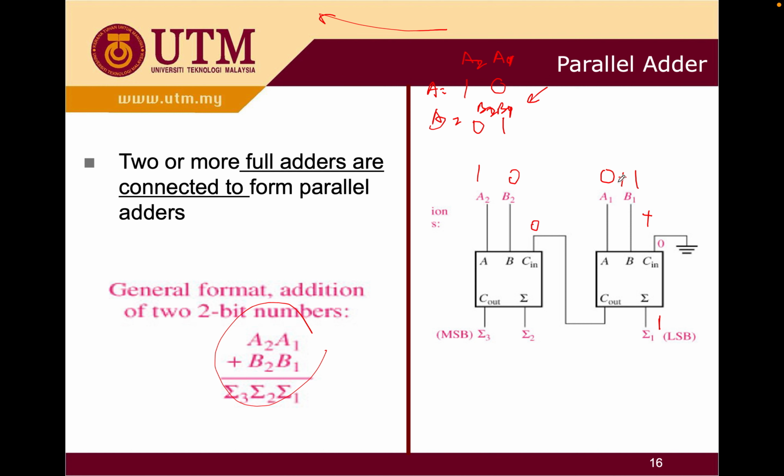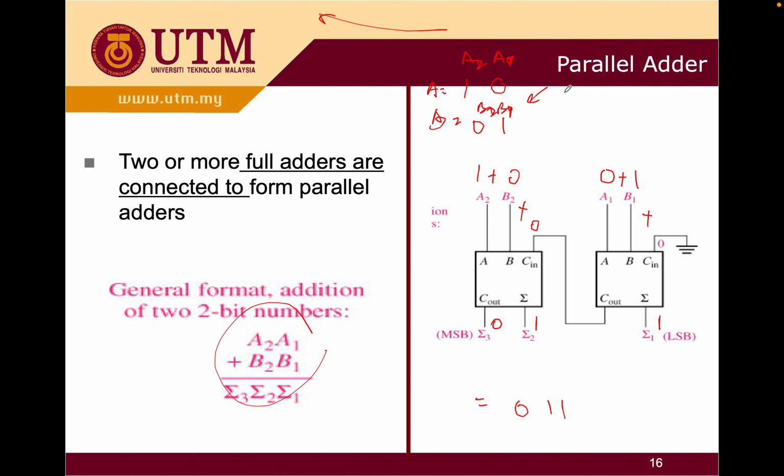This is mathematics. I don't want to discuss it anymore because it was covered earlier in the slides and we have already learned this several times. Now at the second stage you have 1, 0, 0. 1 plus 0 plus 0, you're going to get 1 for your sum and 0 for your carry, and your final answer will be 0, 1, 1.